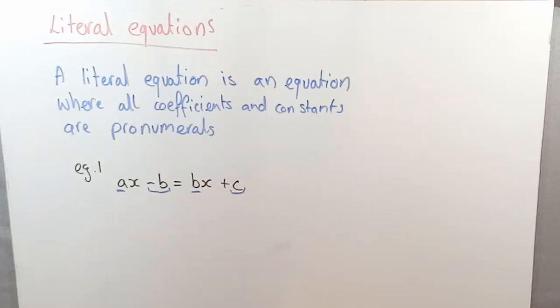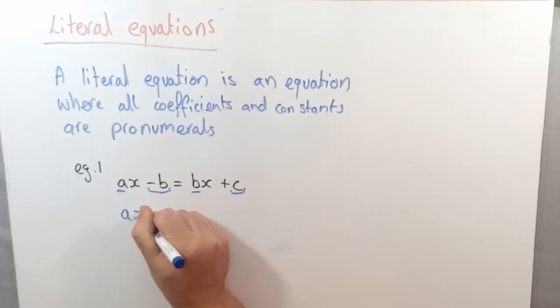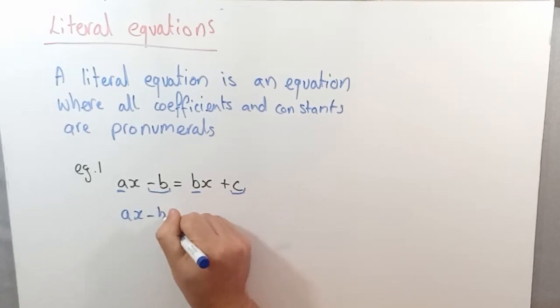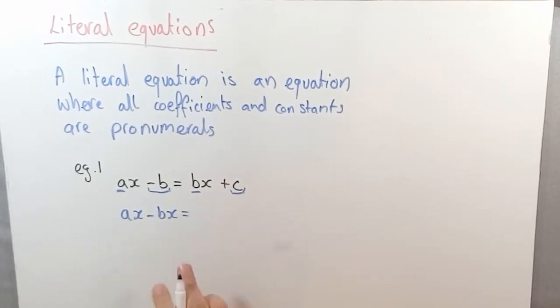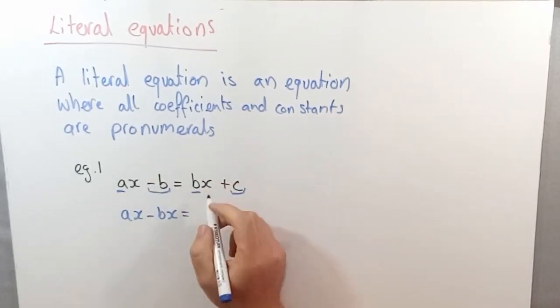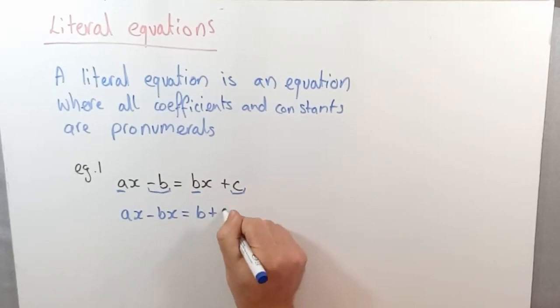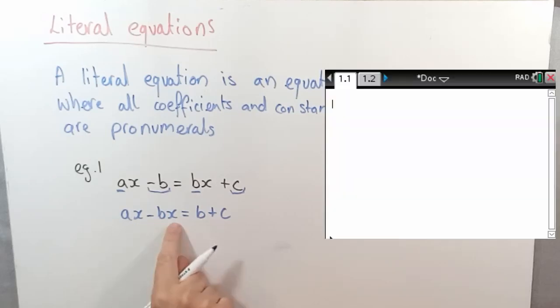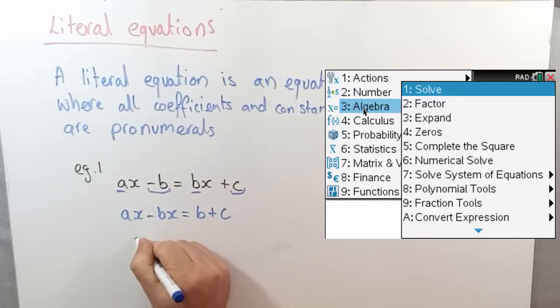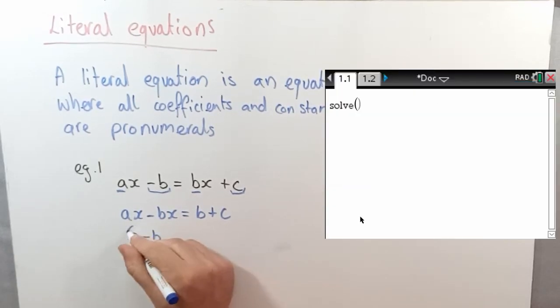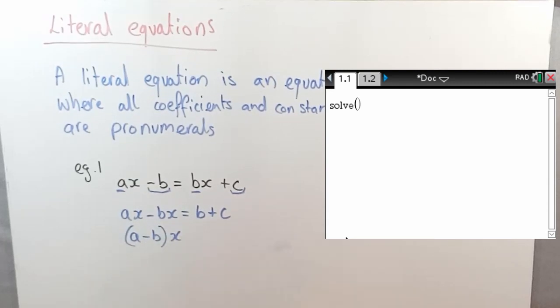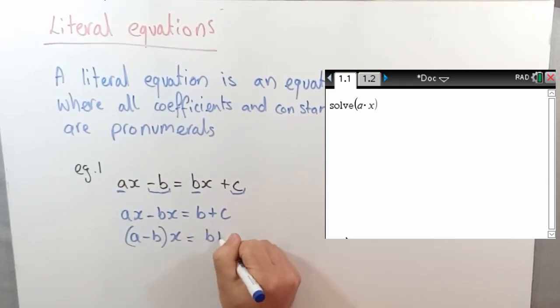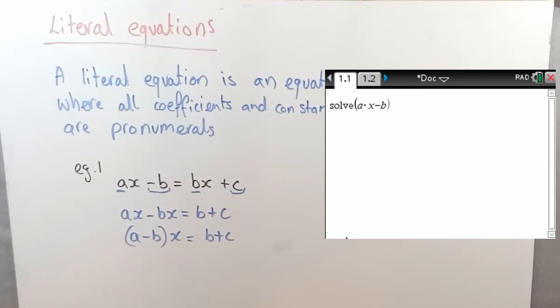Okay, so we'll move all the x's to one side and the constants to the other. So I'm going to have ax minus bx equals, I'm going to move this b over to this side, so I get b plus c. If I take x out as a common factor here, I'm going to end up with a minus b inside a bracket, x equals b plus c on the left hand side.